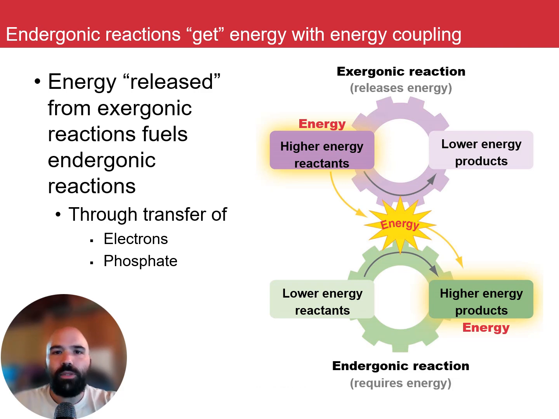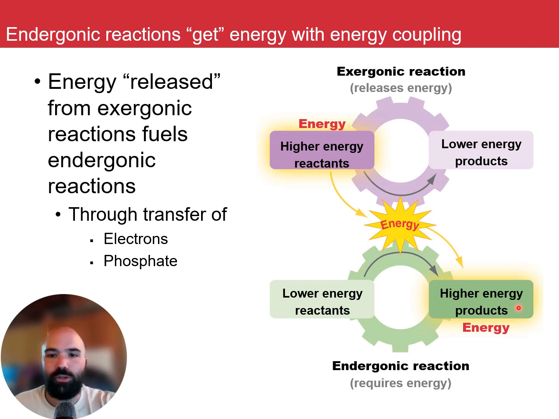And so we end up with this kind of cycle of exergonic and endergonic reactions that are fueling each other. When an exergonic reaction happens, we have high energy reactants. They get turned into lower energy products, and that energy gets released. That energy that is released is used to take low energy reactants and transform them into higher potential energy products.